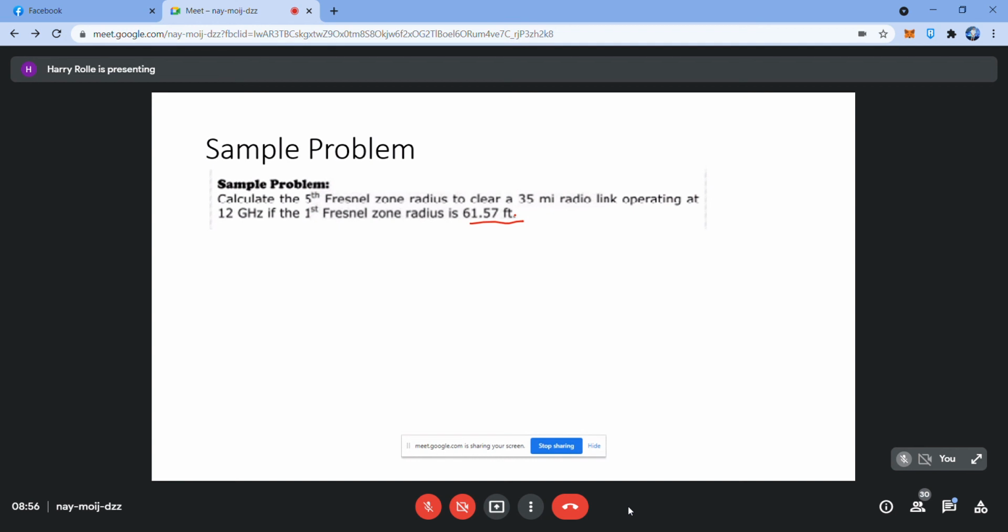O edi doon na lang sa dulo. So Fn is equals to F1 multiply it by the square root of n. Di ba? So you have F5.